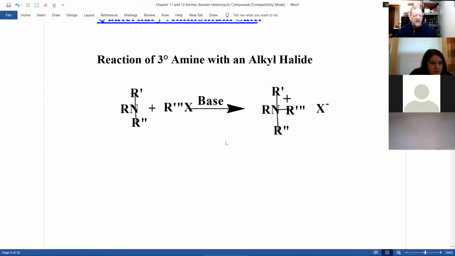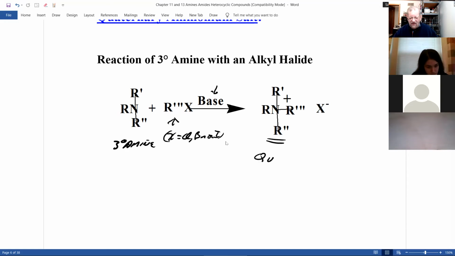And you take a tertiary amine and react it with an alkyl halide, where X can be chlorine, bromine, or iodine, in the presence of the base, and you make a quaternary ammonium salt.